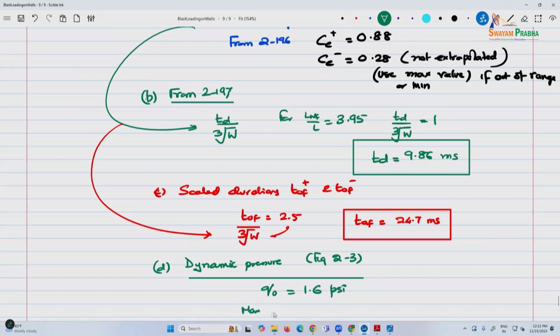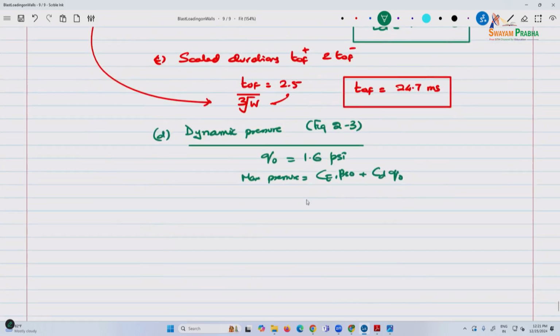So the max blast wind pressure, which is CE times PSO plus CD Q naught, is 0.88 multiplied by 9 plus, now here the drag coefficient is minus 0.4 multiplied by 1.6.